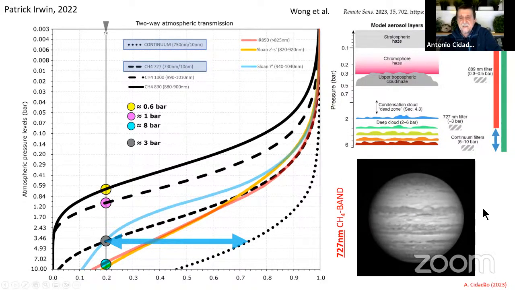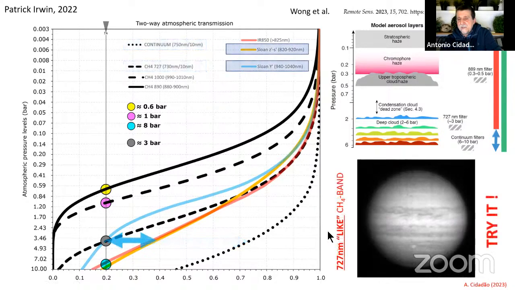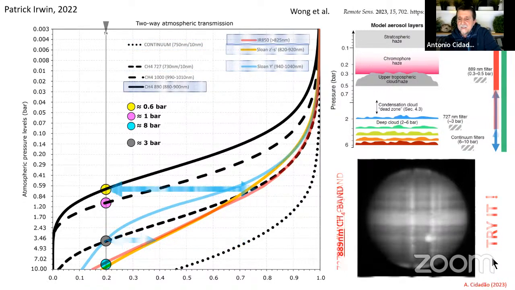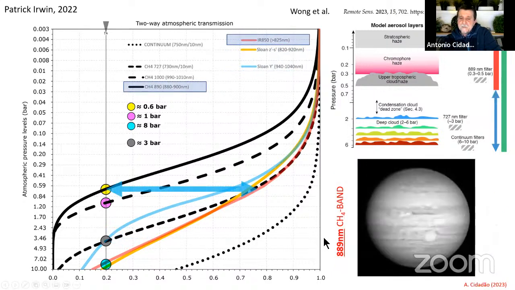Some examples that occur with these methane band filters. These are the differences that occur between continuum and methane band at 727 nanometers. There are true differences, although they are very faint. So try the Sloan if you have it. The differences between continuum and 889 are much more dramatic.